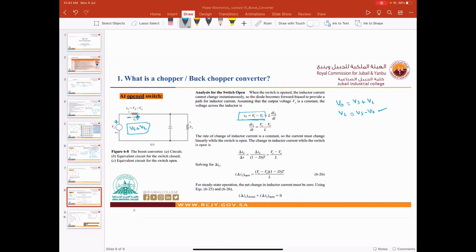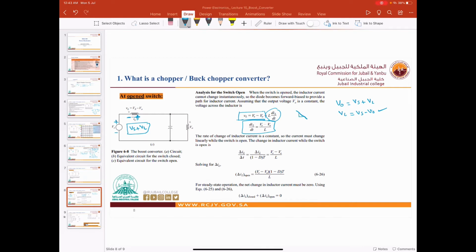Okay. Now we have two sources, as we said. Now this is VL. We know that VL is L multiplied by the derivative, the rate of change of the current, and then the formula is like this. Now this is again the discharge current, and the discharge current is known.